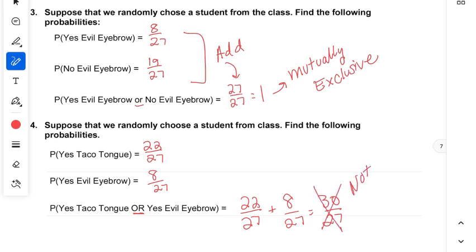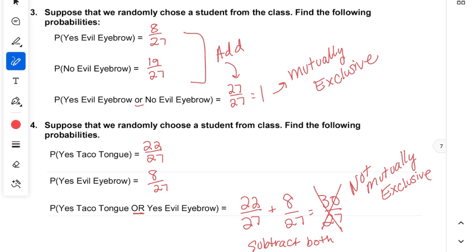If it adds to more, it's not mutually exclusive. So we do have to subtract out the overlap. Subtract both. How many were both? 7?